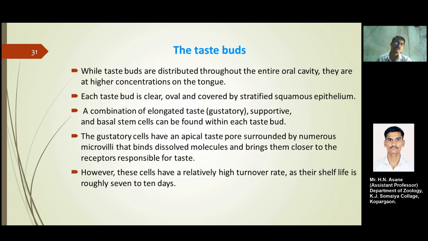A combination of elongated gustatory cells and supportive cells, also known as basal stem cells, can be found within each taste bud. The gustatory cells have an apical taste pore surrounded by numerous microvilli, which bind dissolved molecules and bring them closer to the receptors present on these microvilli.